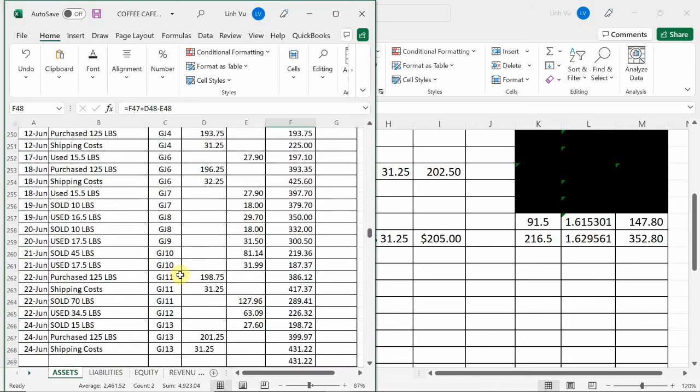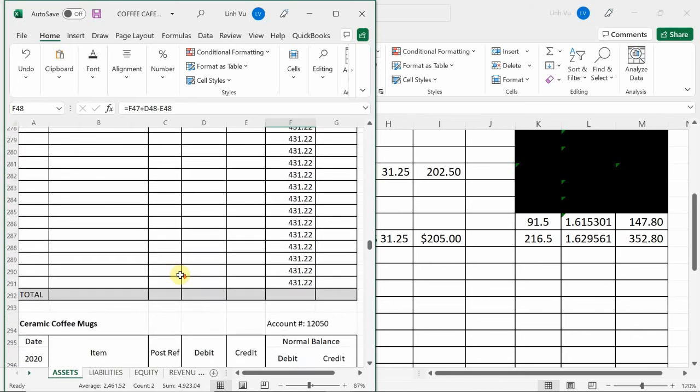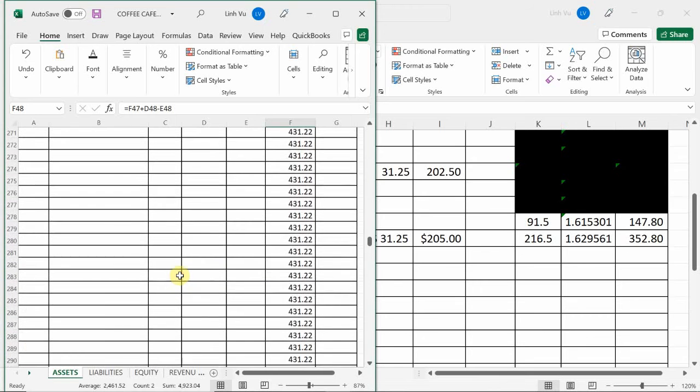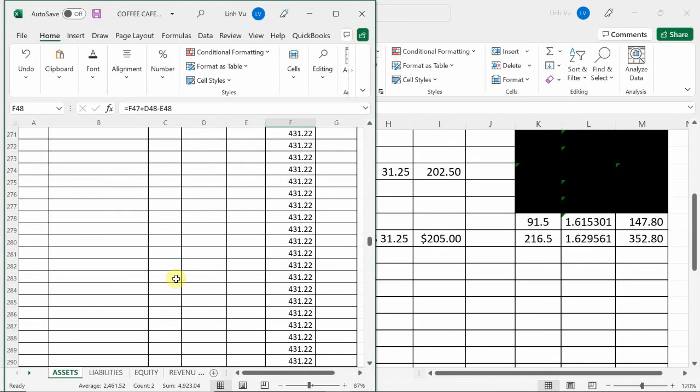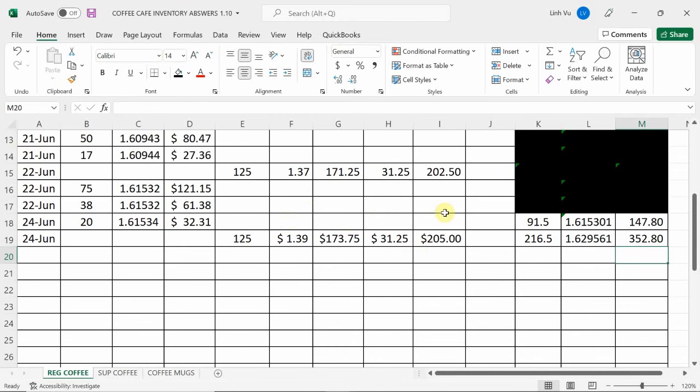Good. So this has calculated my new average cost per item, since the price of the coffee went up. My cost per item is now 1.62956. Okay.